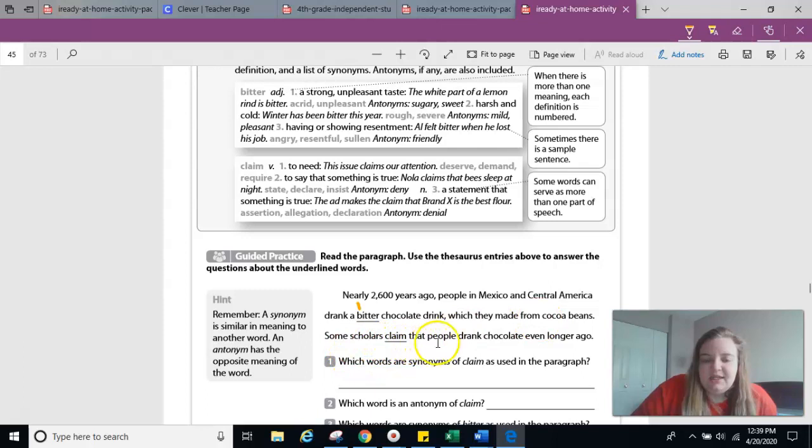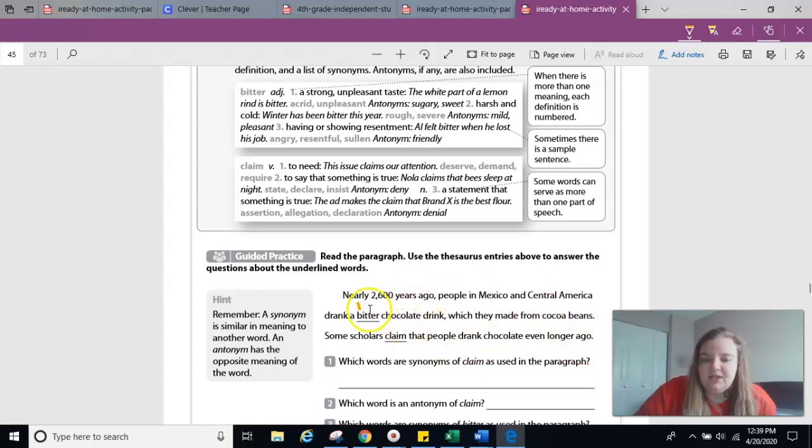Some scholars claim that people drank chocolate even longer ago. So they claim. Some scholars say that something is true. So I think they are trying to get to where they are saying that some scholars said that people drank chocolate even longer ago.